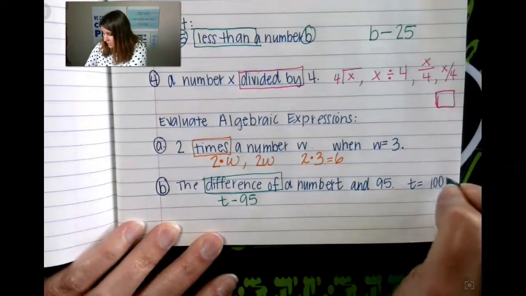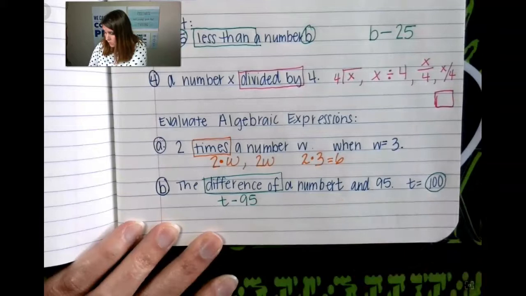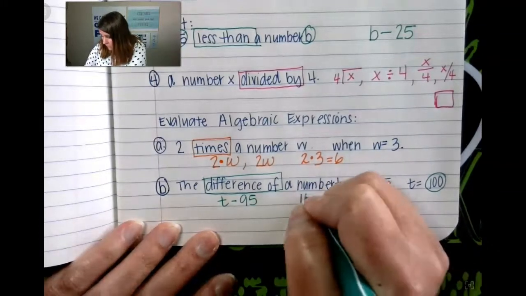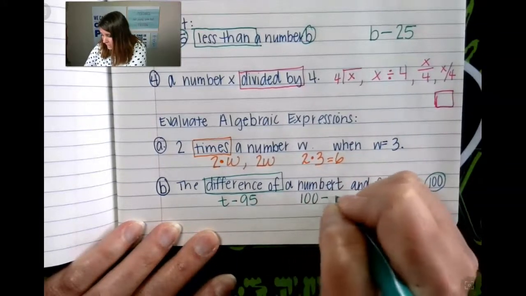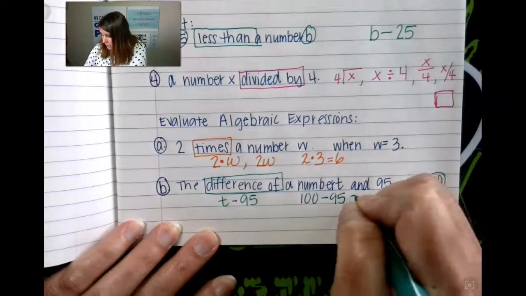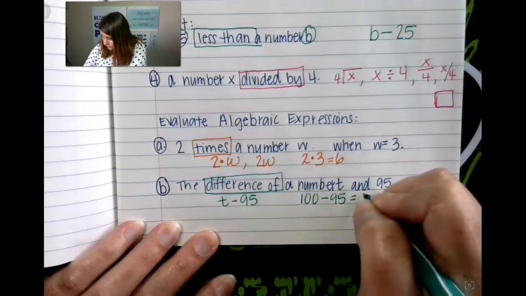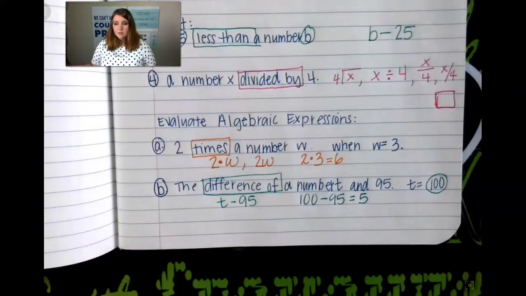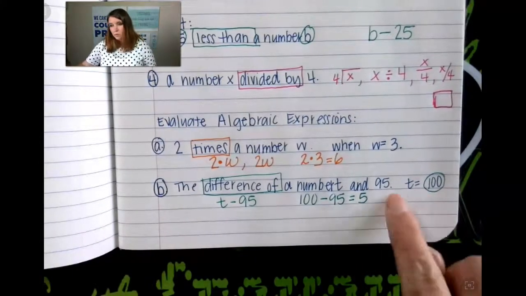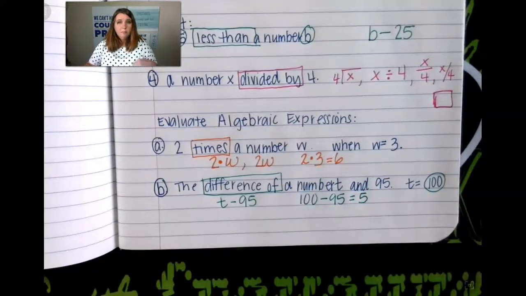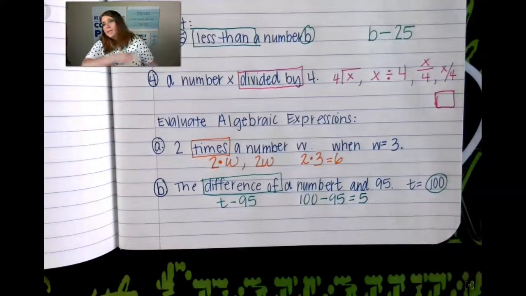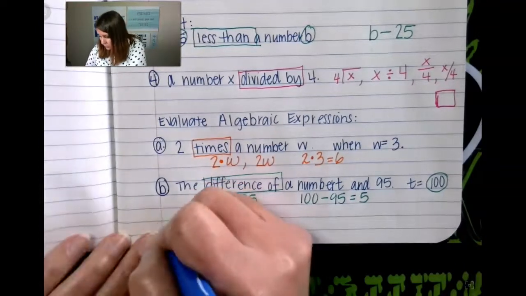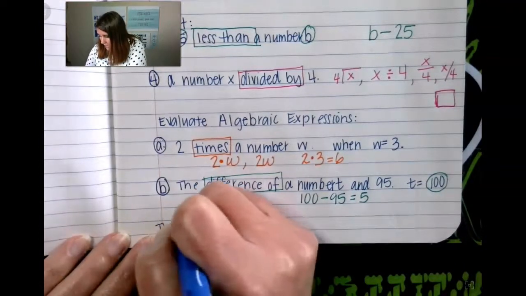Where there's a T, we're going to put this 100. Now we're going to say 100 minus 95 equals 5. That's it. Because you have a value for T. Combining 5.1 into 5.2. Carrying it over. Okay, it's your turn. Try it.